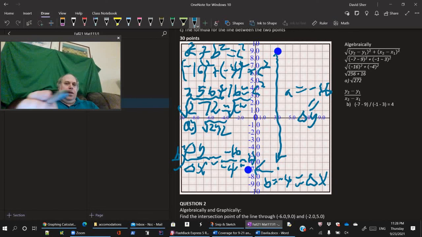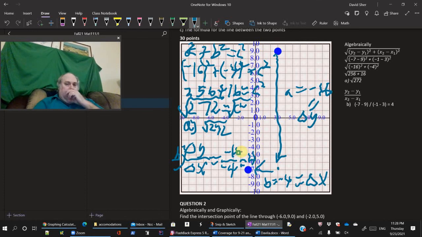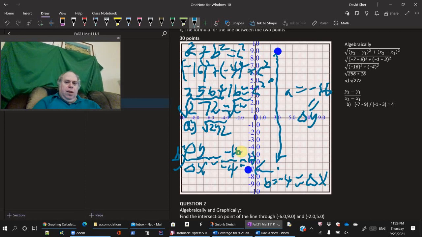Okay, so we're going to go over 1, up 4. That doesn't get us where we want, so we're going to go back 1. That's negative. Change of x is -1. Down 4. From 9, 1, 2, 3, 4, it gives us 5. From 5, 1, 2, 3, 4 brings us to 1.